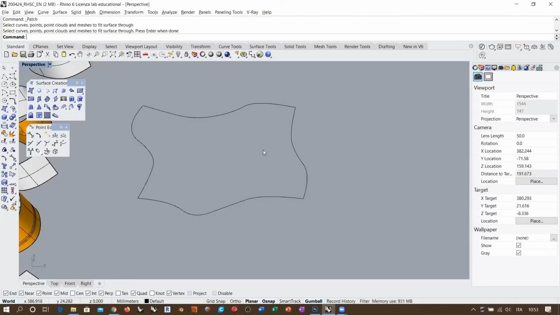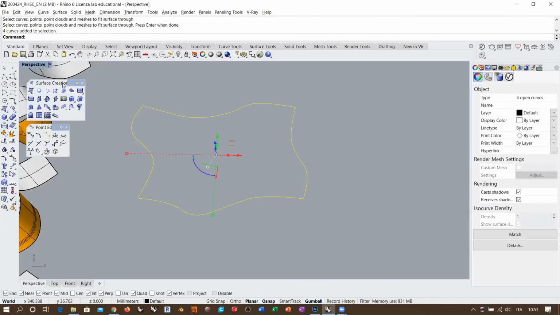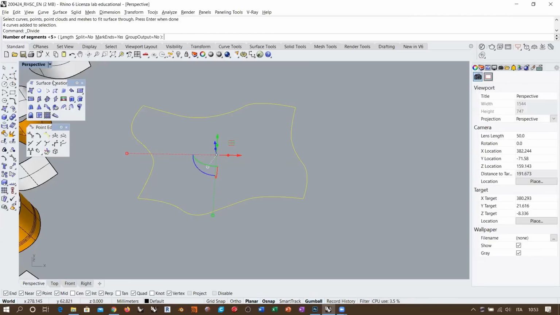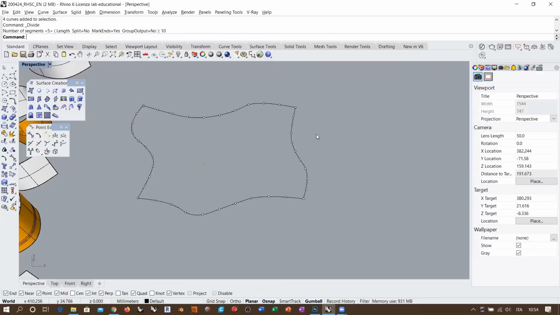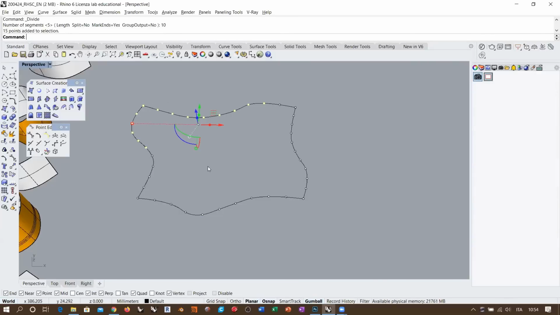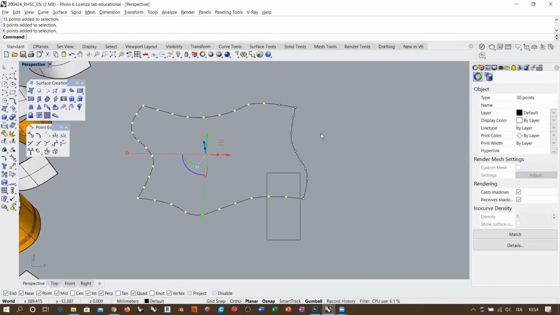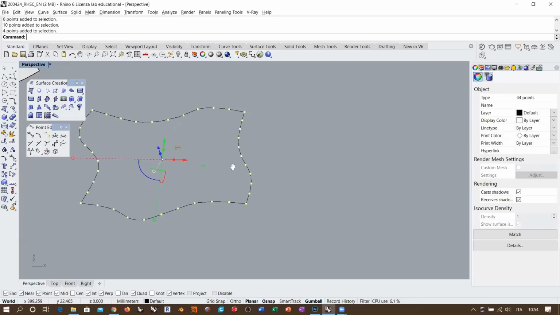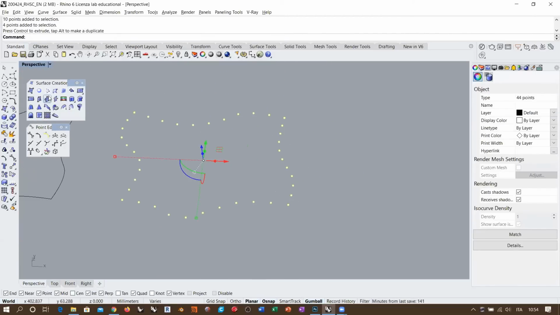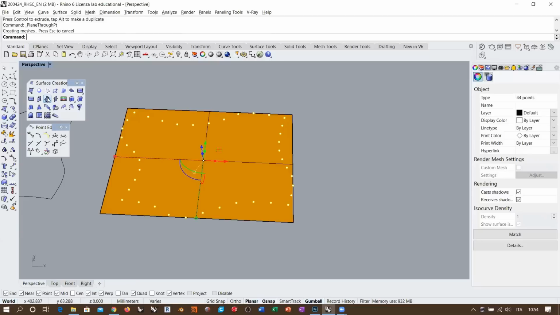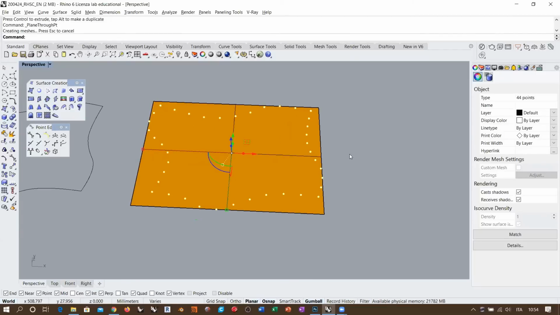Imagine that we take these curves and use divide curve by number of segments in order to create a regular division set along this line, for example 10 divisions for each line. So we get these sets of points, right? If I take these points here, I basically have a point cloud, and if I create a fit plane through points, I get this object.